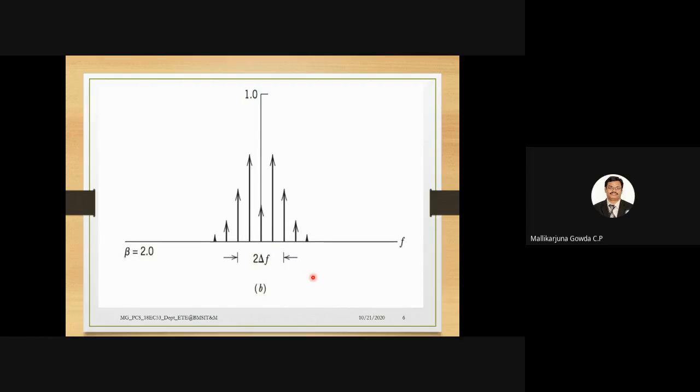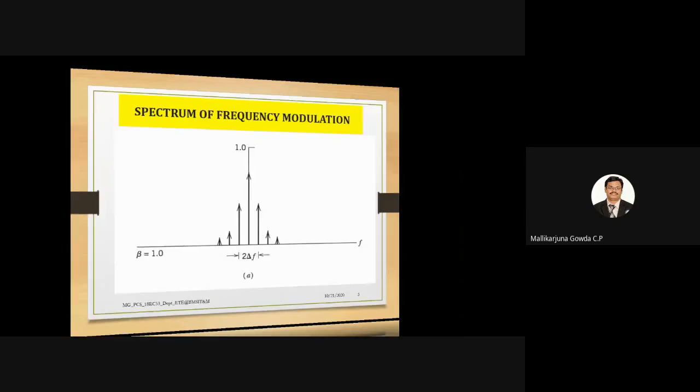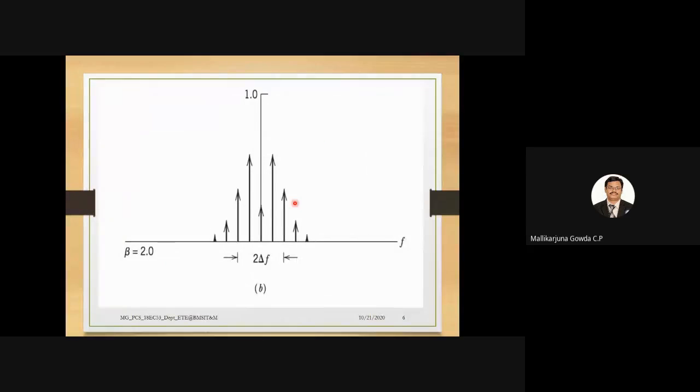And what about the spacing? It is fixed, right? The spacing between the side frequencies is fixed. Only the variation in the amplitude of the sidebands you are able to see, right? At this point, what is its magnitude? It is very less, right? If I consider this as FC, then this one is FC plus FM, FC plus 2FM, FC plus 3FM, and FC plus 4FM, right? So its magnitude is very small.